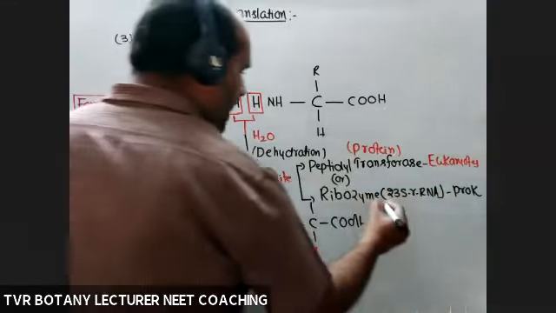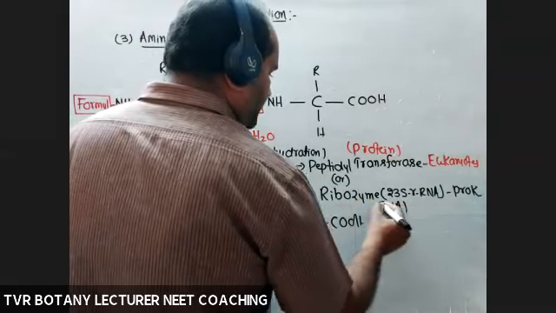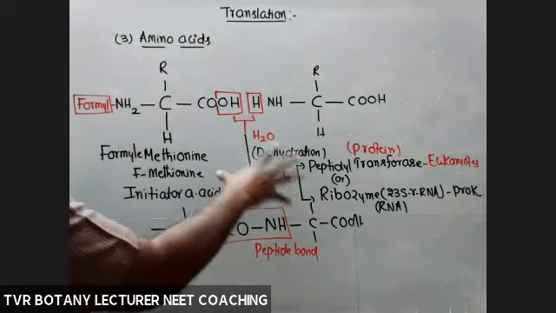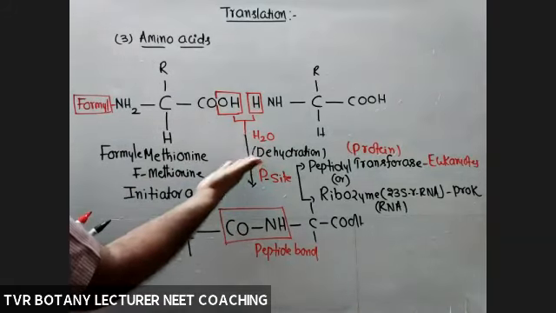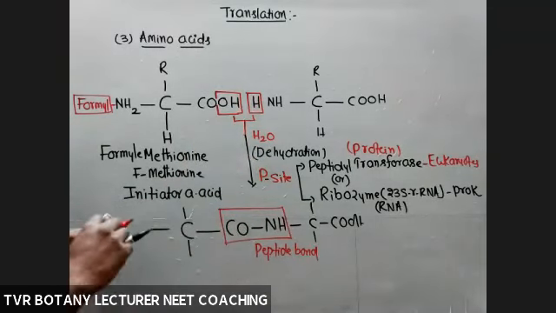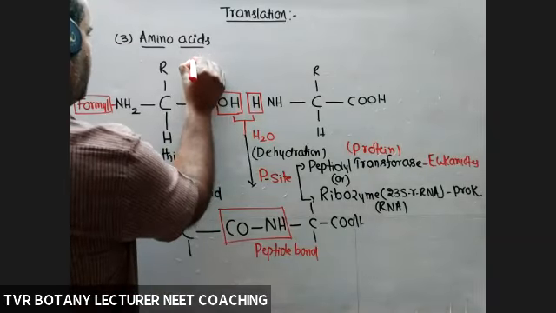Okay, so this is an RNA molecule, non-protein, acting as a catalyst. So this entire mechanism, whatever peptide bond we observed here, is within the larger subunit of the ribosome.